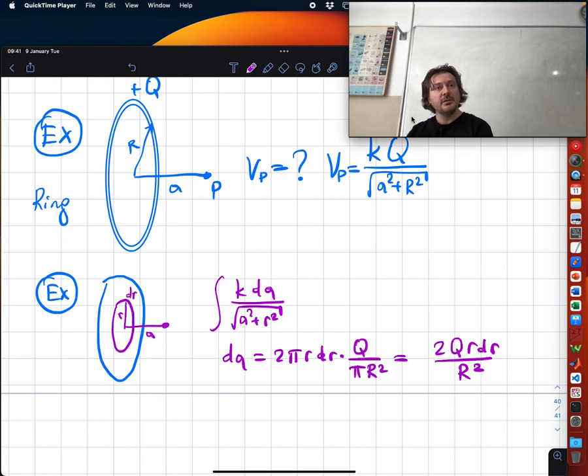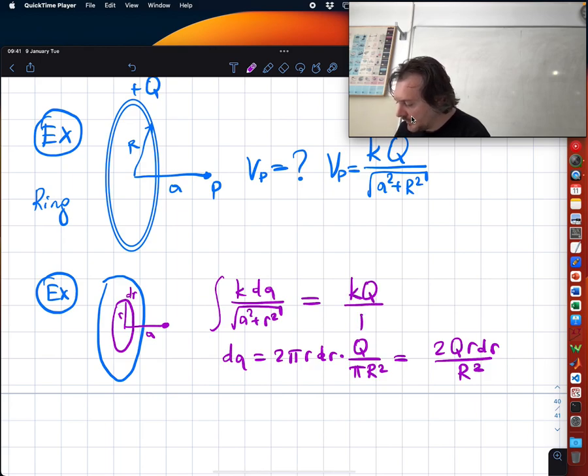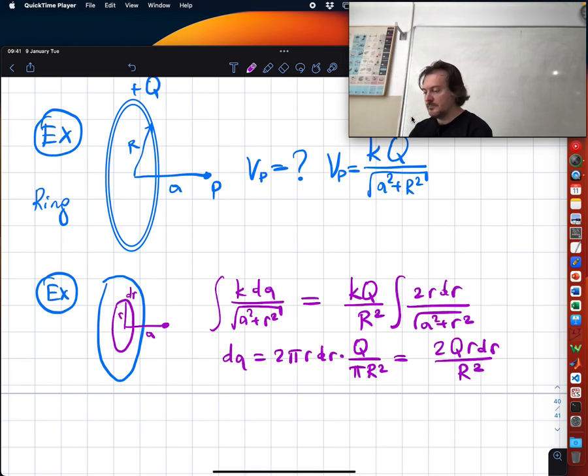Everybody is happy? We have done this before. So this is k q over R squared times the integral of 2r dr over square root of A squared plus R squared. Everybody's with me? You agree?